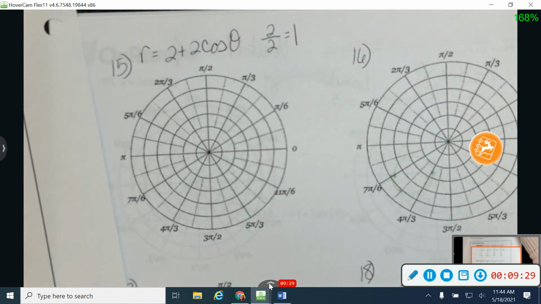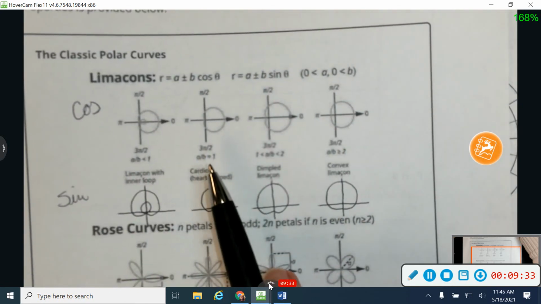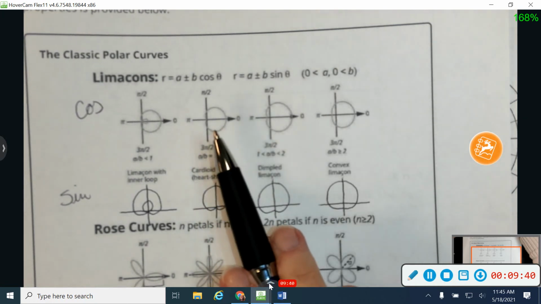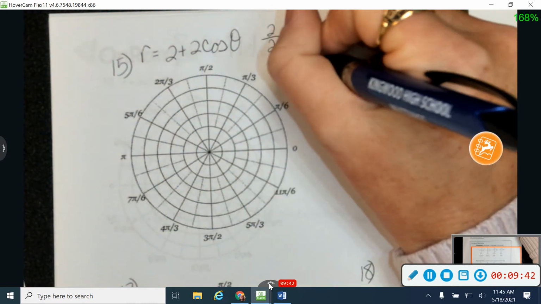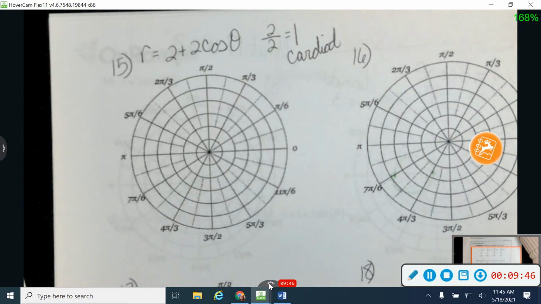Because A divided by B is equal to 1, I know that this is going to be a cardioid. So I'm looking at a heart shape that's going down my positive x-axis. Right there, I already know that it's going to be a cardioid.